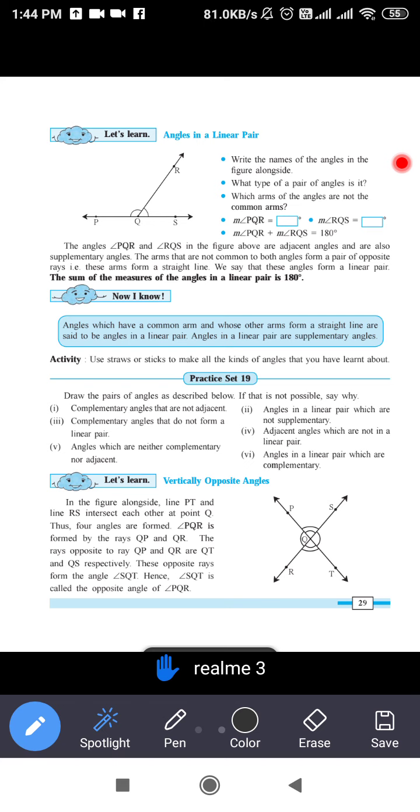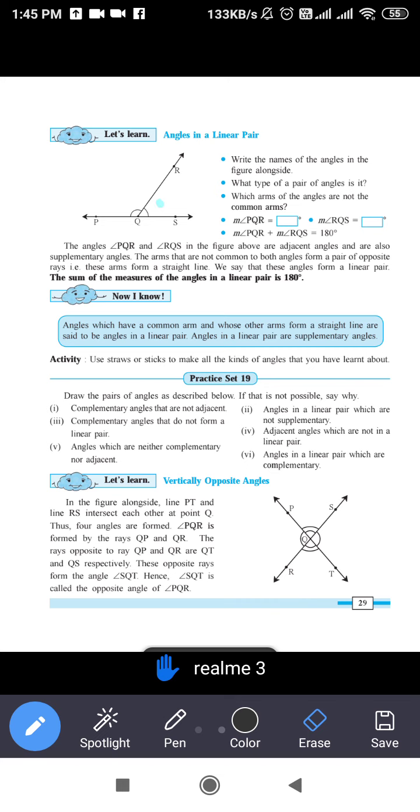Arm PQ and arm QS. These are not the common arms. So the measurement of angle PQR is equal to, suppose, PQR.